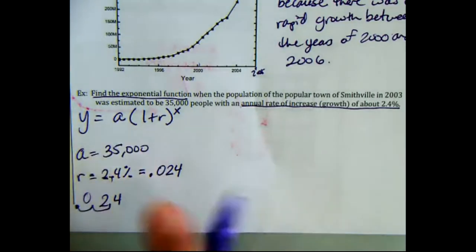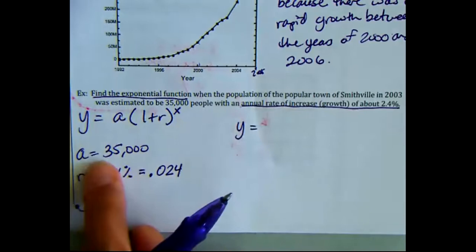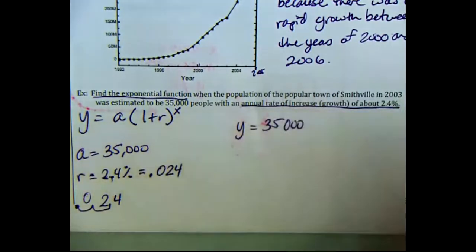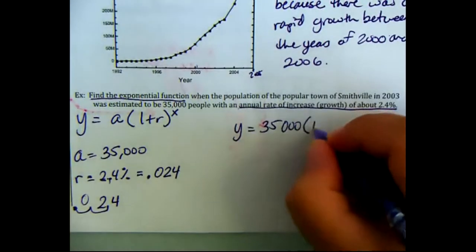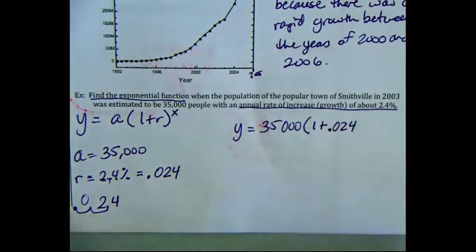So our equation, as we plug in, is y is equal to our a, 35,000. Open the parentheses, we have 1 plus 0.024, close the parentheses, x.